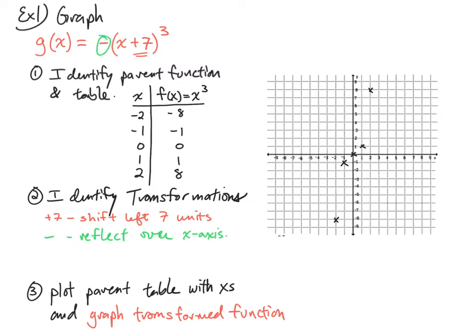So we have to do the reflection before we do any additions or subtractions, before we do any shift. We have to reflect before we do any shifting. So a reflection over x, all it does is it takes any points that were below the x-axis, like this one, and reflects it to be above the x-axis.